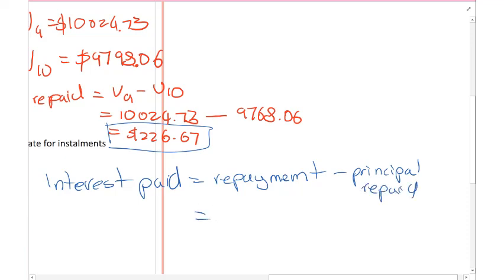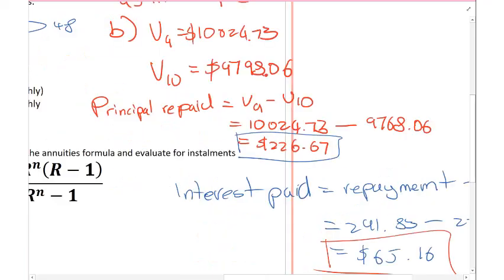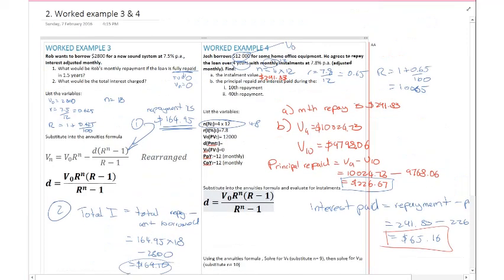Okay, that will give me a value of 291.83 minus 226.67. That gives me a value of $65.16. That's my interest paid. Okay, so there's 4 worked examples as a starting point to work through for the reducing balance loans. Okay.